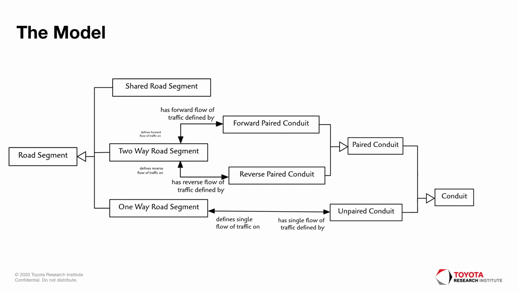This is thanks to those solid dark arrows, which you may remember tell us that we can't have zero. We must have exactly one instance. So we are enforcing a fairly significant constraint here. And as you can see, there's absolutely no relationship between a shared road segment and any kind of conduit. Later on, we'll want to relate this to some sort of bidirectional lane.